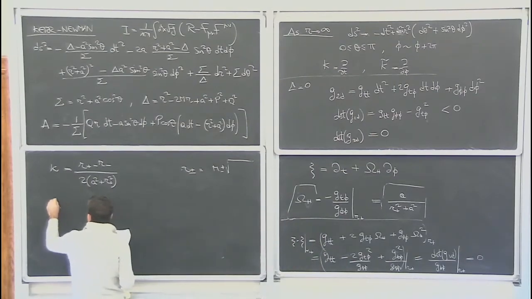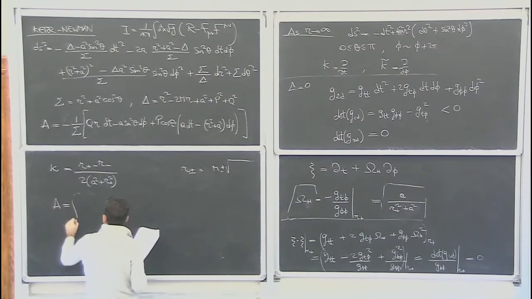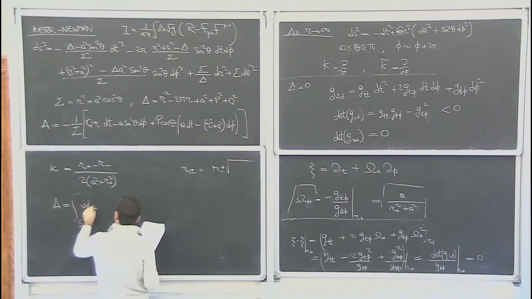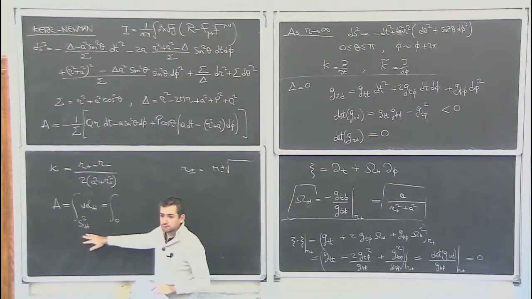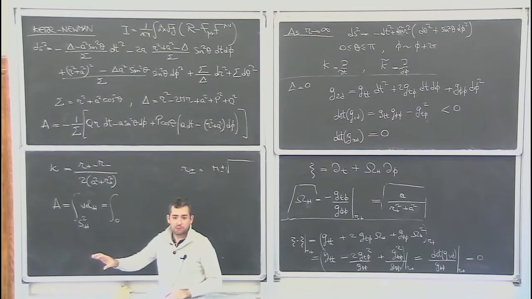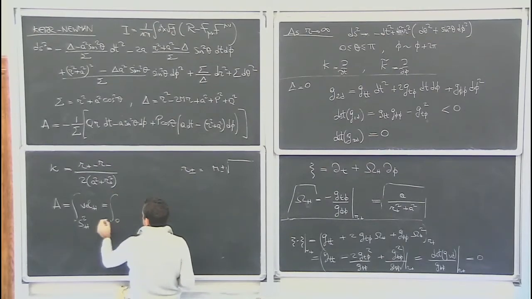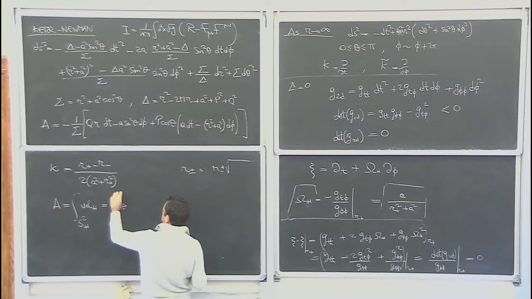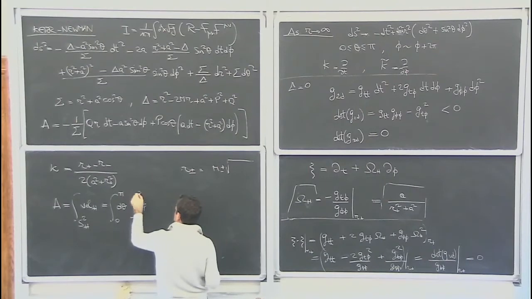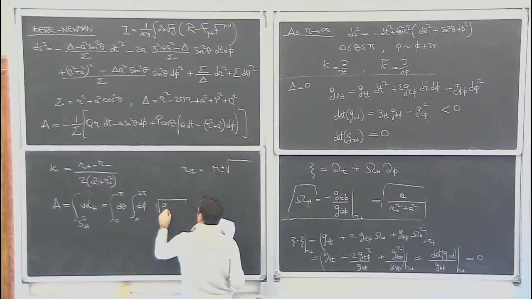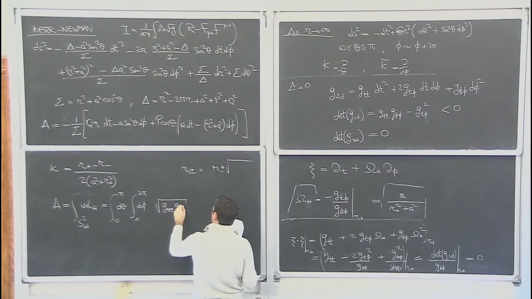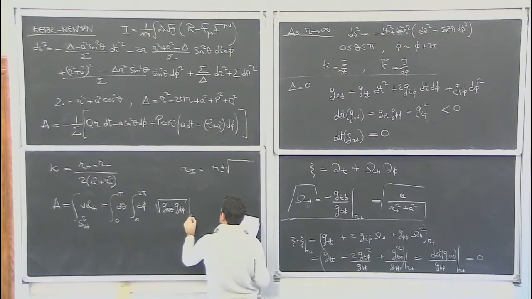And also, it's not hard to measure the area of the event horizon. It will be the area of some sphere, but we have to take the sphere that is at r plus. Since it's the area of the sphere, I have to integrate over d theta between 0 and pi, integrate over d phi between 0 and 2 pi, of the square root of g theta theta g phi phi at r plus.